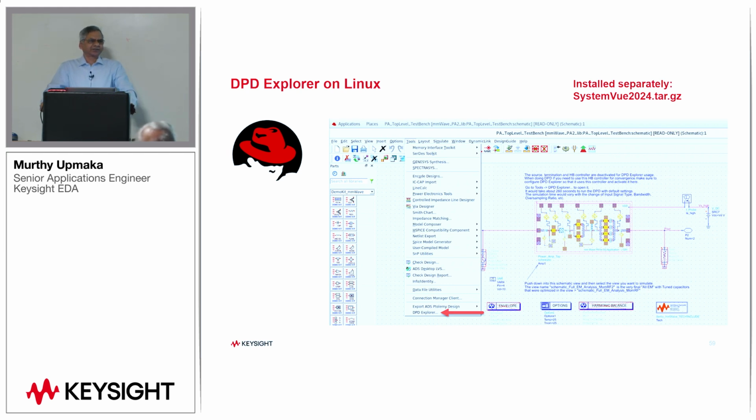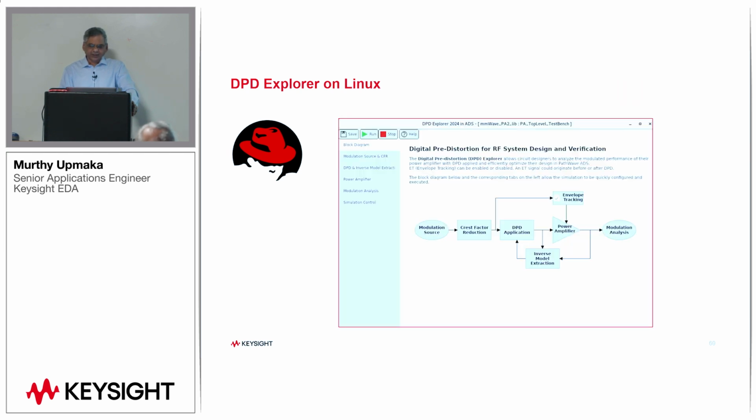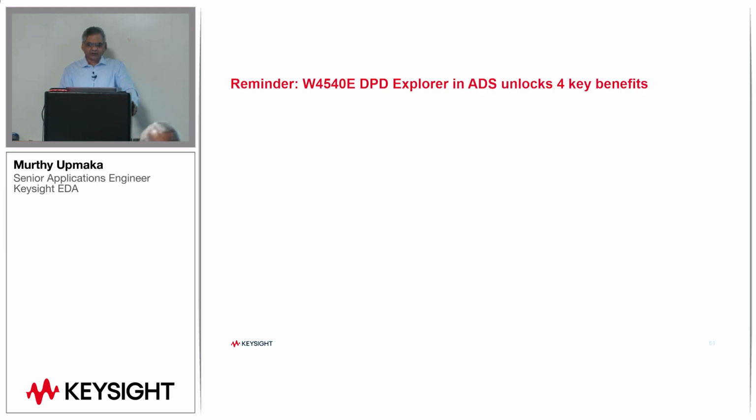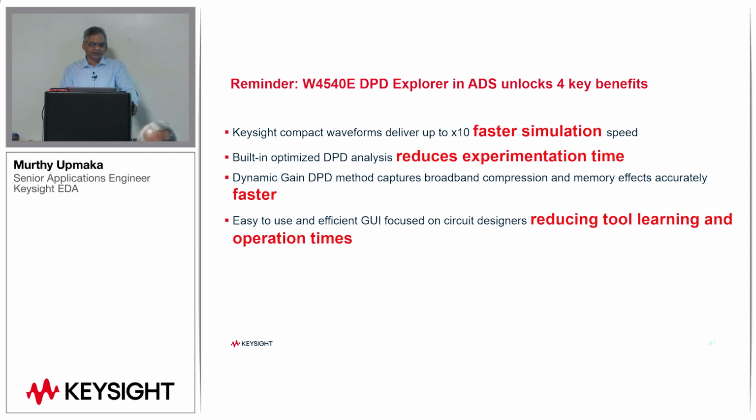Once you are in Linux or once you are in ADS, you really don't have to bother with whether you are in Windows or Linux. But this is showing how you install the digital predistortion explorer into your Linux ADS. Same UI will come up, and then that's what it does.